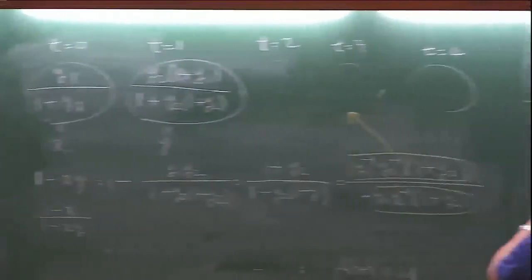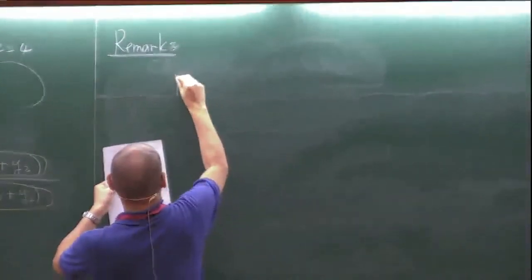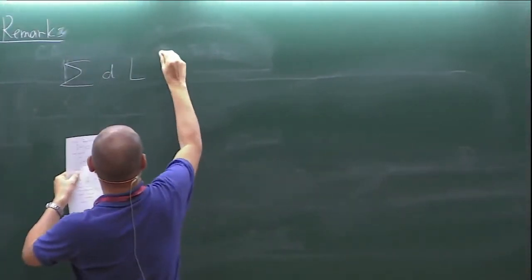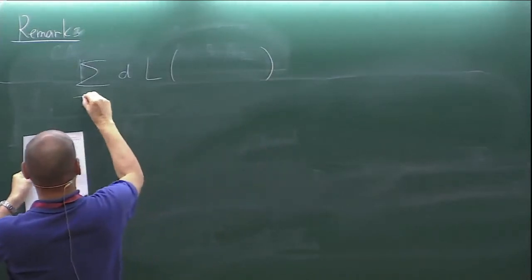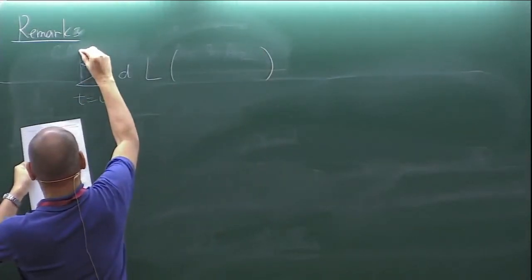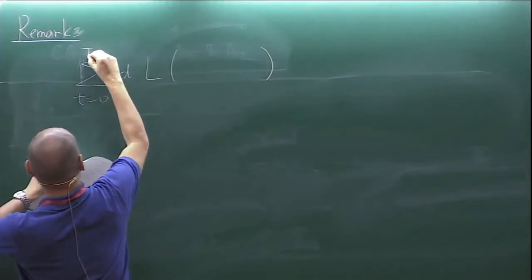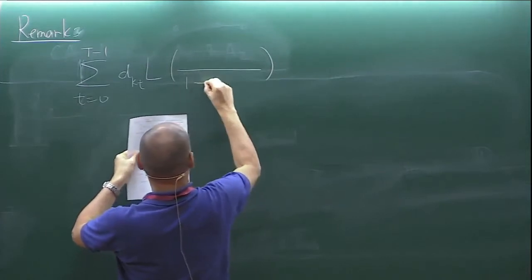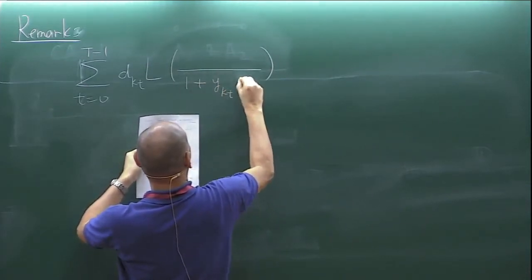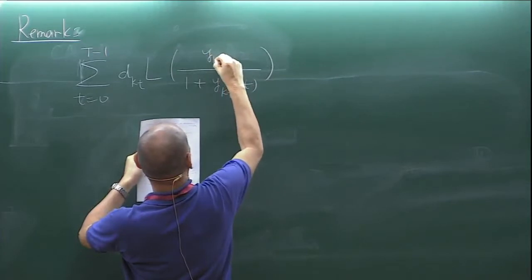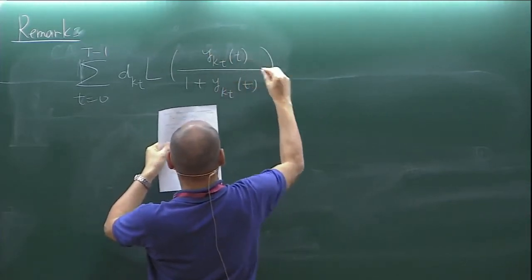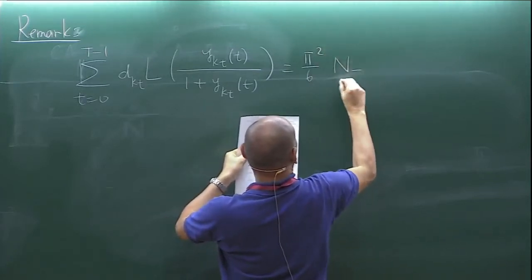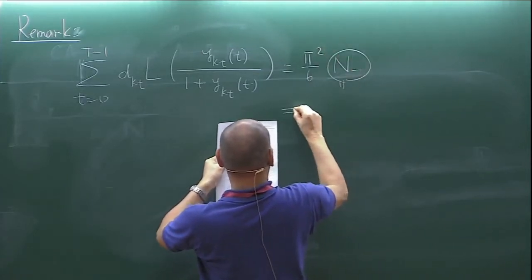My claim is that the left-hand side dilogarithm, the sum of dilogarithms of 1 plus y_k(t), in our canonical form, is some integer, and this integer is described in the following way.